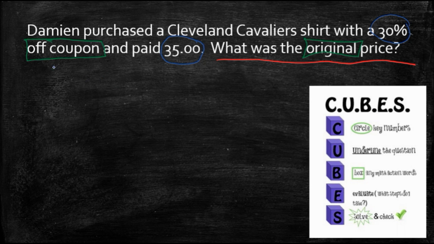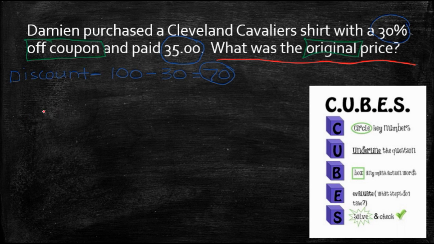So I know that's a discount. So what do we do when we have a discount? We have to subtract the percentage, which here is 30%, from 100. In this example, then we would get 70. And that would become our new percent that we would use in our proportion.